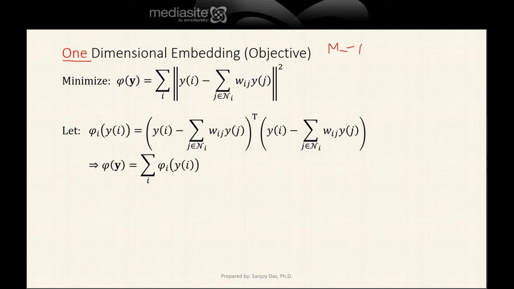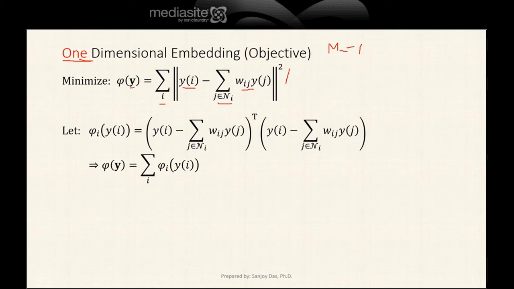Now the objective function is phi of y, where y is now a vector instead of a matrix, because each sample point now represents a scalar. yi is a scalar, and so our objective function is the summation over i of yi, which is now a scalar because we are looking at one-dimensional embedding, minus summation of wij yj, norm squared.